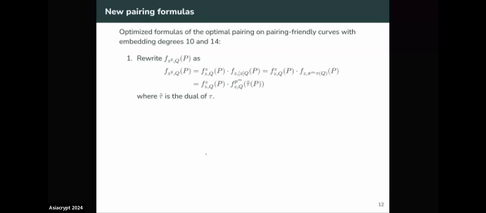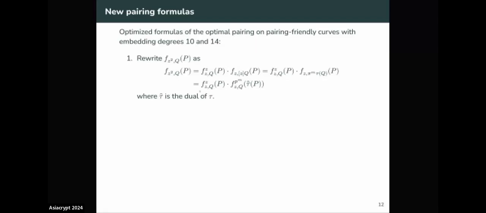From the original formula, we can see that the most costly part of the Miller loop is to compute the function f_{z,P}. First, we can write this function as the product of 2 functions and replace the scalar z by this map. So we can get this new equation. From this equation, we can actually compute the 2 functions in a short Miller loop, but we have to pay a penalty for the group exponentiation by z in the first function.